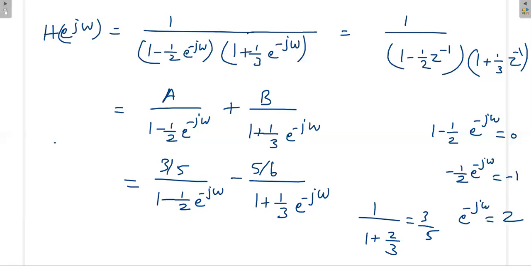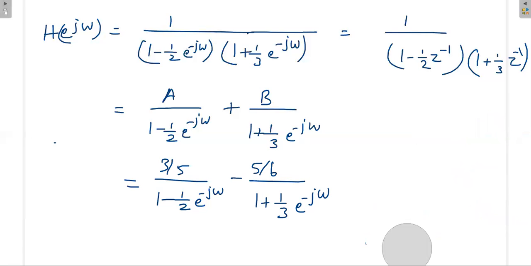Now let's recall the basic discrete time Fourier transform formula for a moment. We know that whenever a power n u of n is there, the formula is 1 by 1 minus a e power minus j omega.